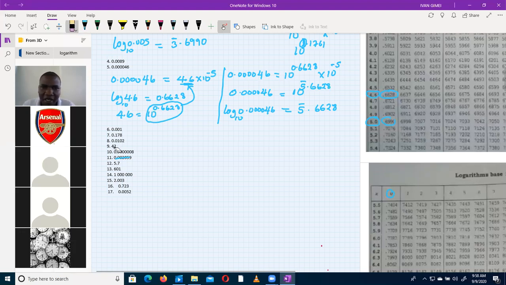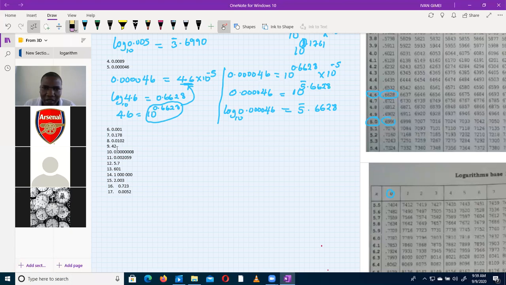This number 9 here, I think it is, I was supposed to put 0.4 something, but I mistakenly put this one here. It's supposed to be 0 point. Also number 12, it's above 1. That's also a mistake. It's supposed to be 0 point. Even this one.